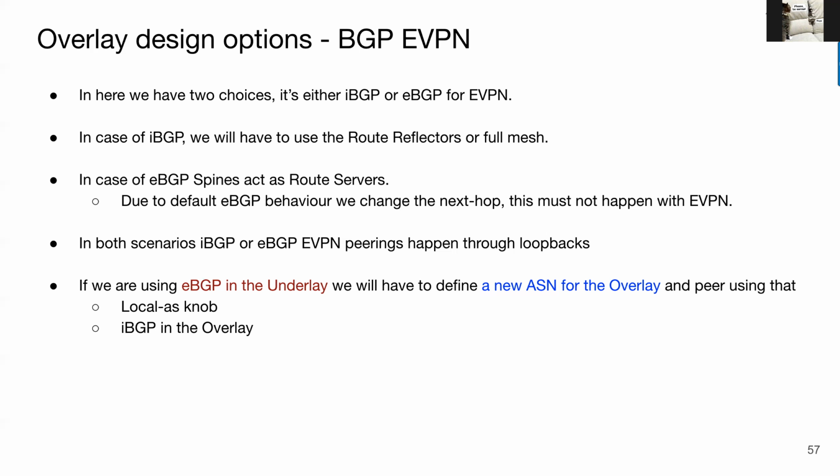If it's IBGP, then we're going to have to use route reflectors or full mesh, because that's just the rules of IBGP. And with EBGP, we're going to have the spines acting as route servers. We're going to use our loopback zeros for our EVPN pairings with both scenarios.